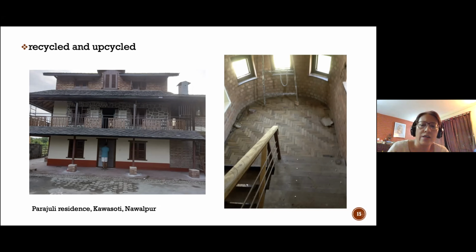For example, this parquetry that you see on the right, this is the stair landing. This is just pieces of wood that was lying around, and I have to say that the carpenter was not very happy to do it, but we had to offer them a special incentive to do this.